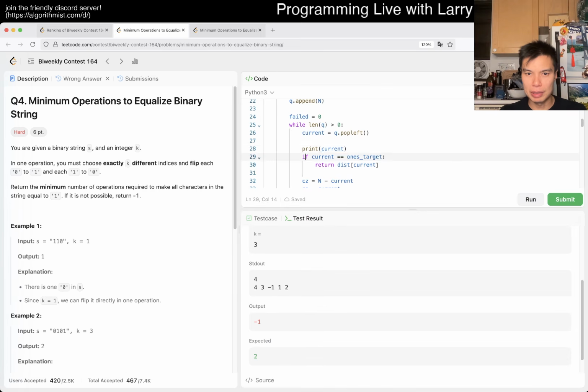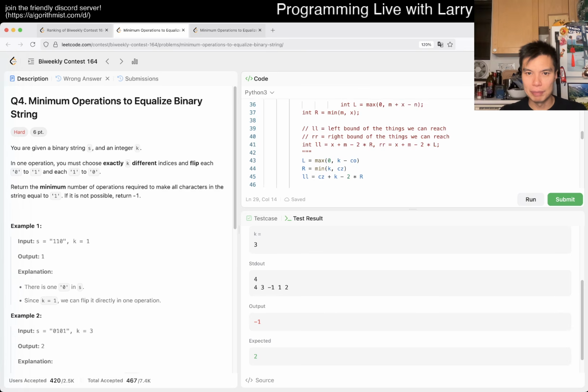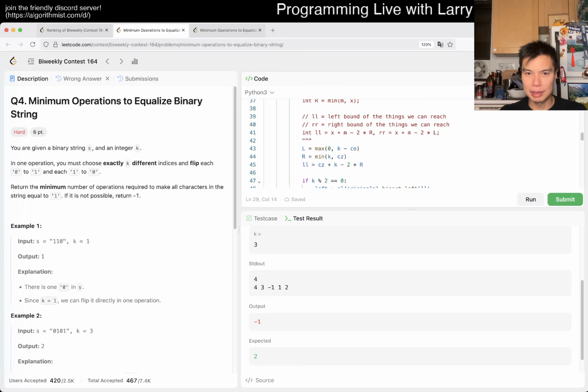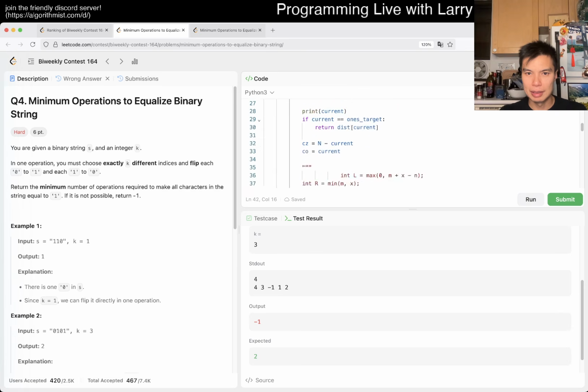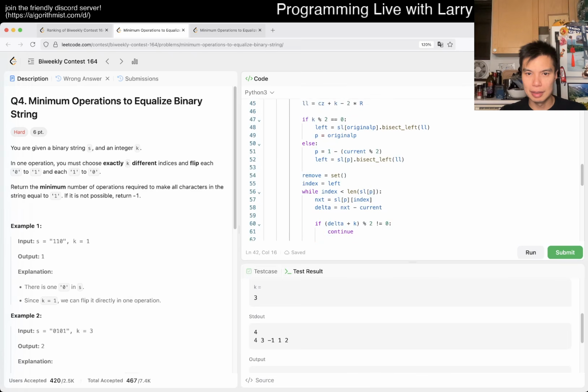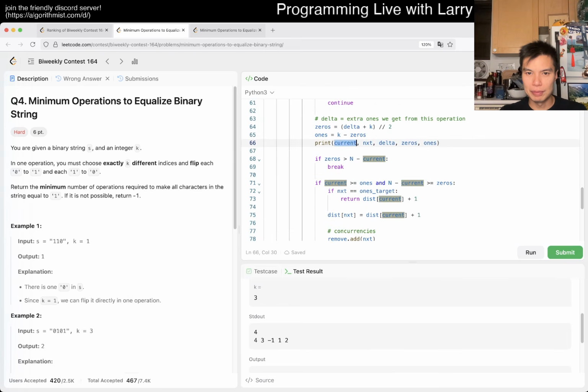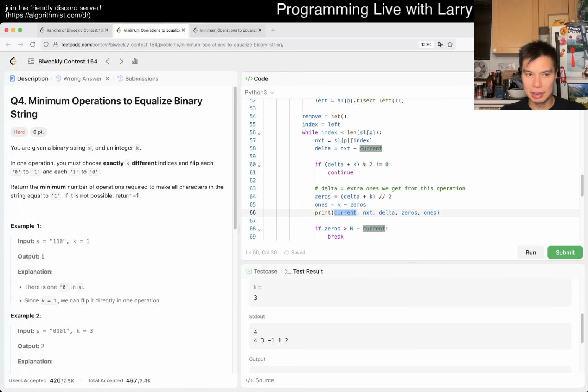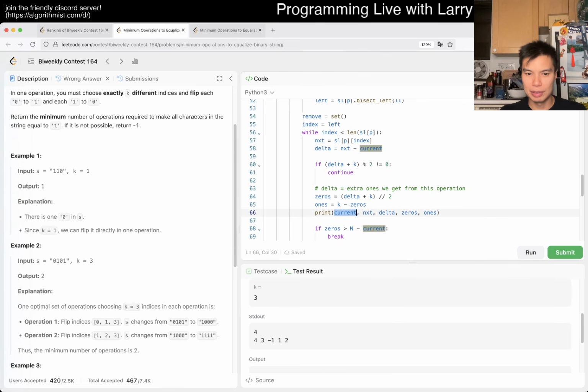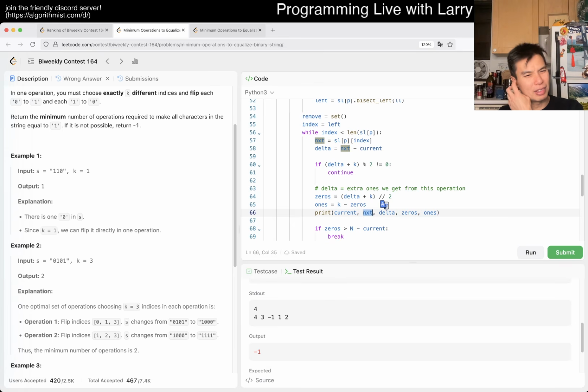So we do print that. Where's my next print? Print 4. The current, yeah, we start at 4. We try to go to 3. Can we go to 3? No. What? Why would you go to 3?